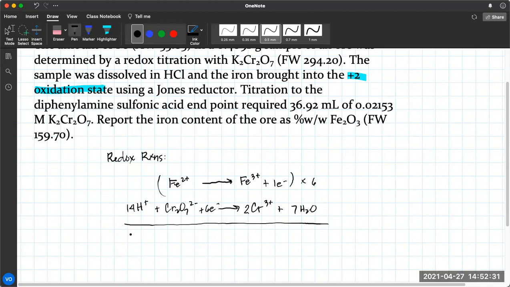So you have 6 iron 2+ plus dichromate plus 14 H+ to form 6 iron 3+ plus 2 moles of chromium 3+ plus 7 moles of water.